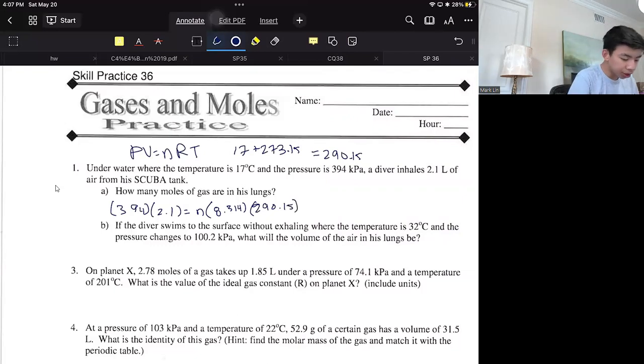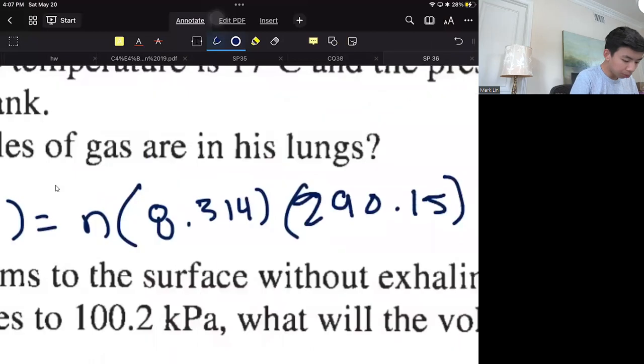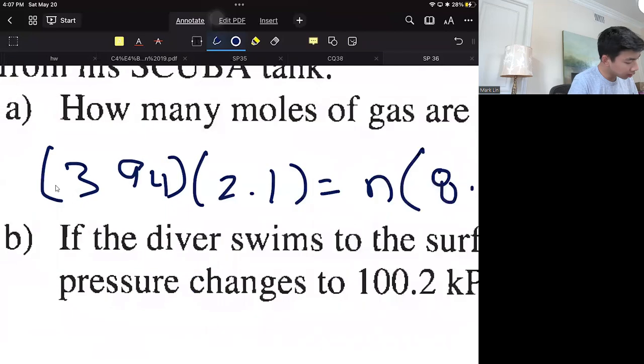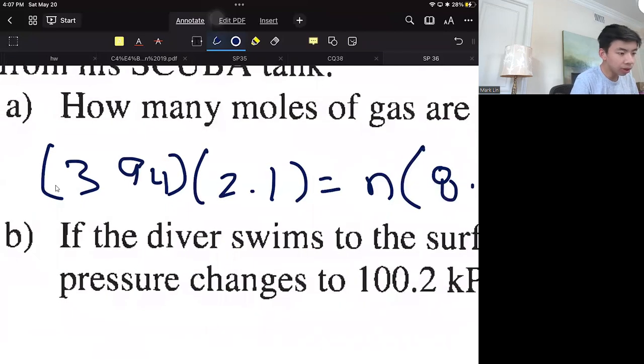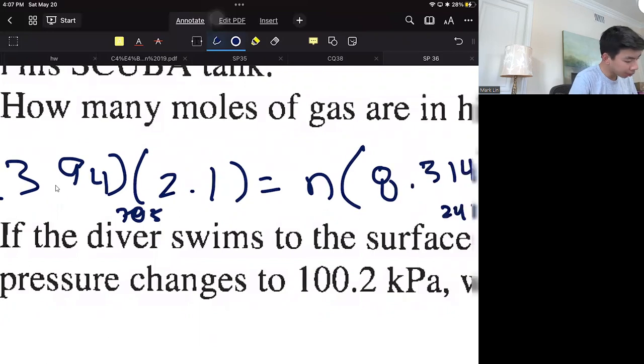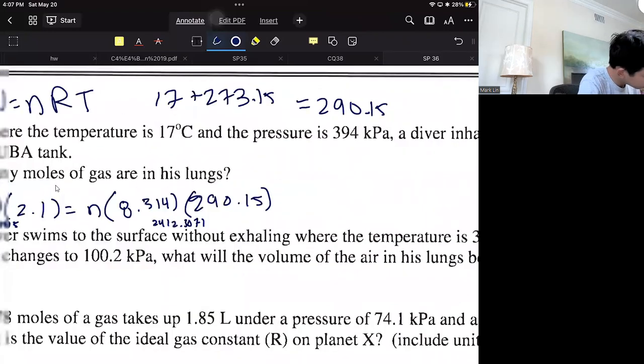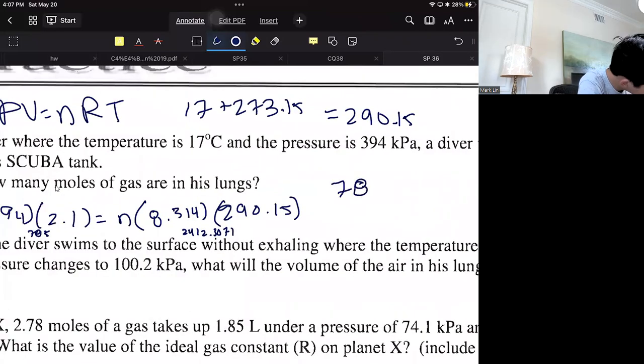And so we plug and chug. 8.314 times 290.15 is going to be 2412. And then this is going to be 394 times 2.1, which is 785.